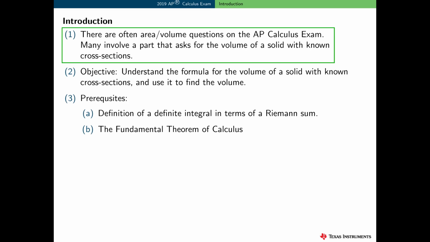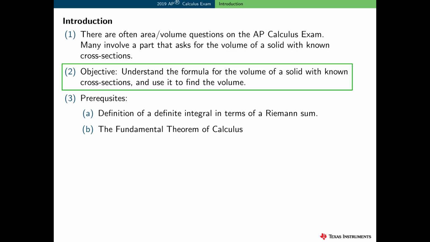There are often area volume problems on the free response portion of the AP Calculus exam, and many of these problems involve a part that asks for the volume of a solid with known cross-sections. So my objective here is to understand the formula for the volume of a solid with known cross-sections, where it came from and why it makes sense, and how to use this formula to find the volume of certain solids.